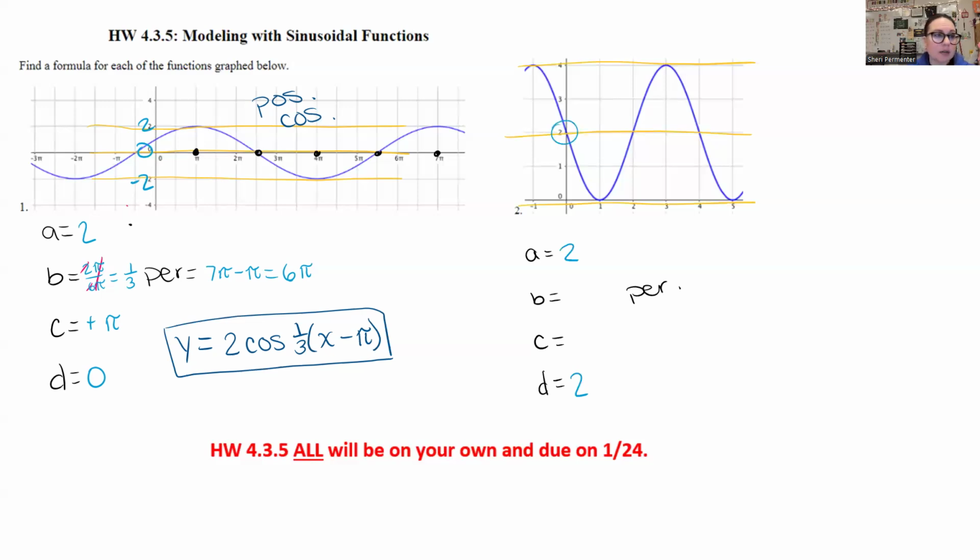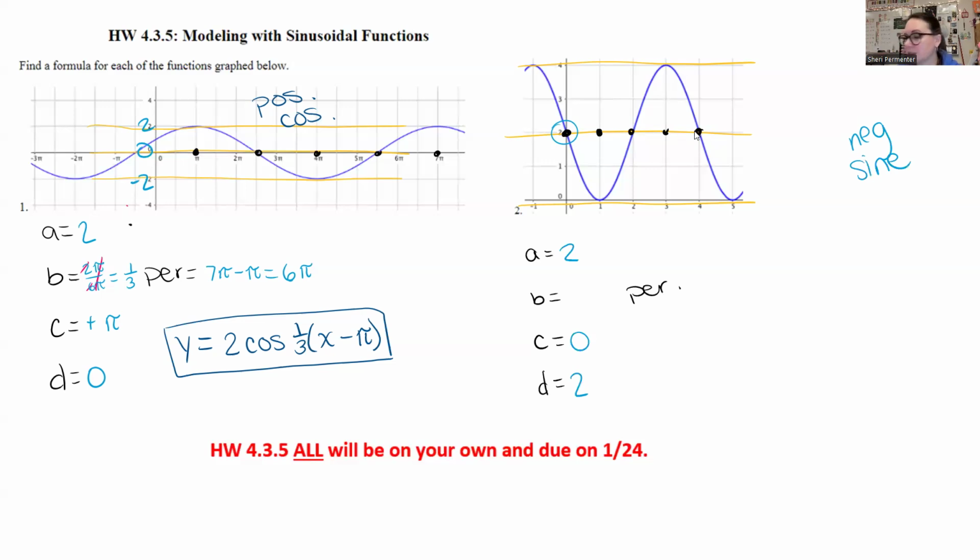I'm going to go ahead and start it right there at 0 because why not? So I've got 1, 2, 3, 4, 5 points. That's going to create a negative sine graph. So a negative sine graph, I'm going to start at 0. So I just need to figure out my period. I go from 0 to 4.